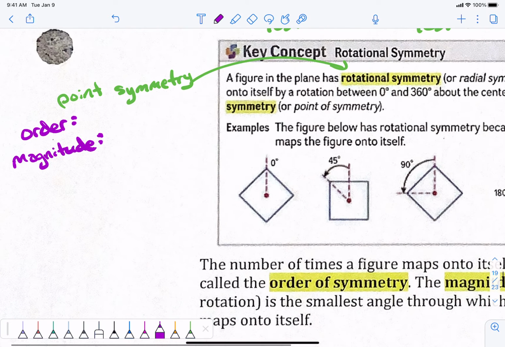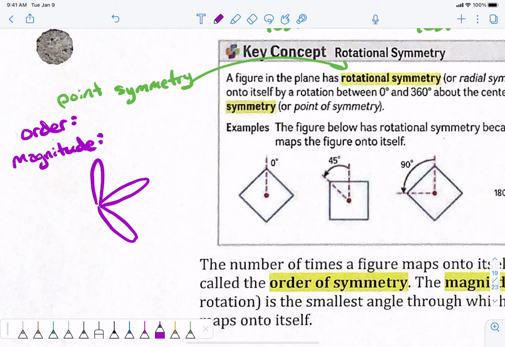Just as an example, in section 3.3, you asked me this question about the ceiling fan with the 5 blades. You don't have to draw this. He does have rotational symmetry. He rotates around and he maps on top of himself.